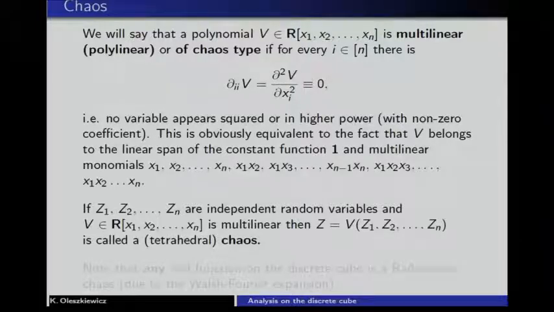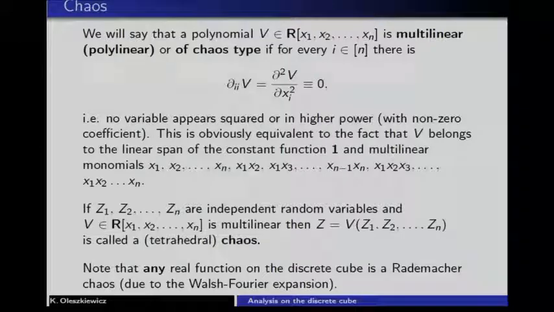And this is a very important object. For example, when you study multidimensional stochastic integration, knowing how to control such terms is of big importance in the theory of probability. You need to know how to bound nicely this sort of expansions. But now, in our case, what will be important for us is that actually by nature the Walsh-Fourier expansion is an expansion of an arbitrary function on the discrete cube into the chaos thing, right?